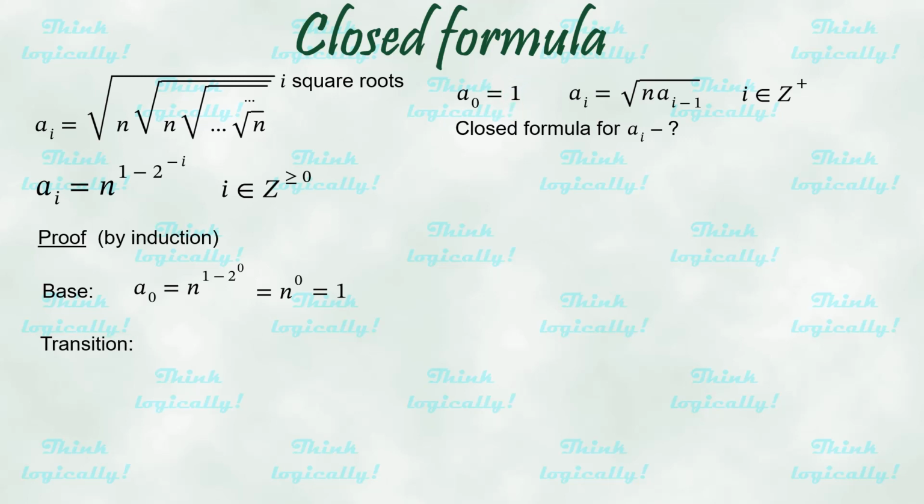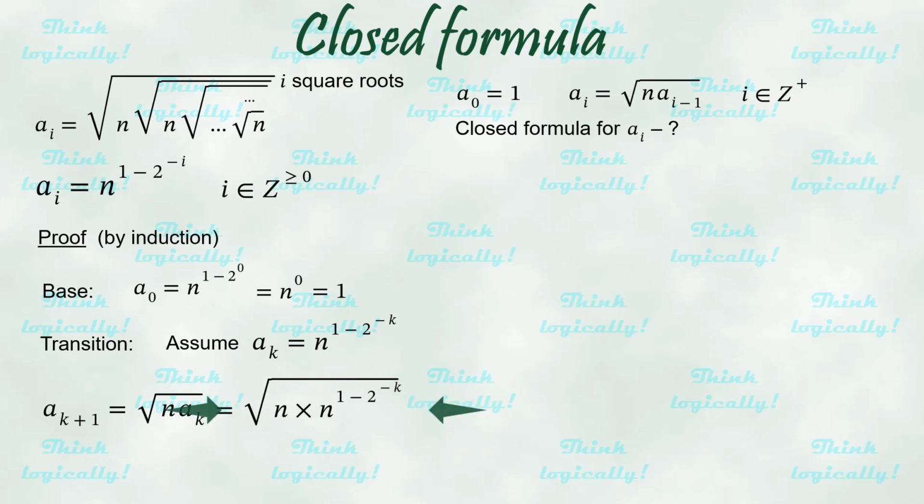The transition isn't difficult either. Assuming the formula to hold for index k, we apply the recursion formula to a with index k plus 1. Substitute the assumed value for a sub k. Again we merge factors under the square root. This time I added the exponents given that the pattern is already known. However, that didn't help much, as we still have two terms for the power of n, and each of them needs to be halved.